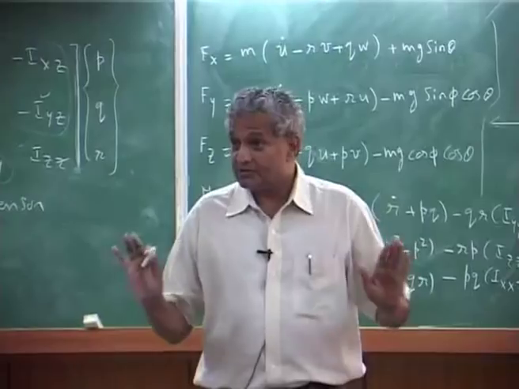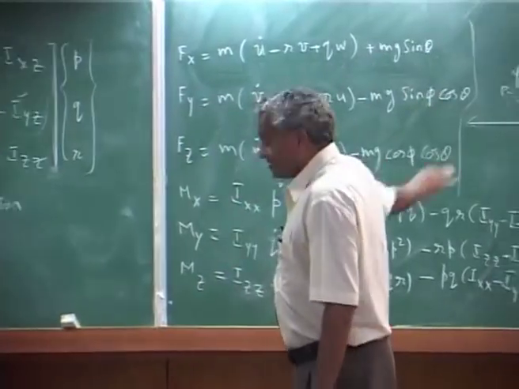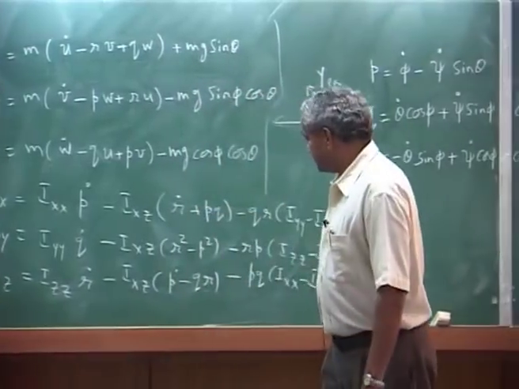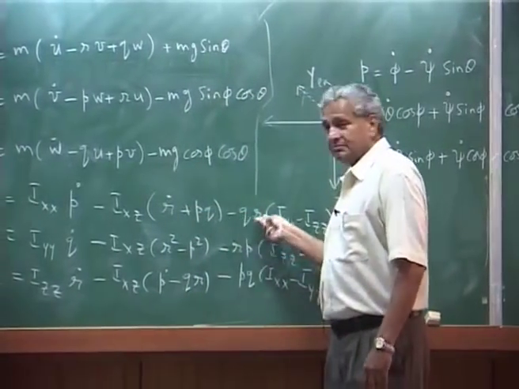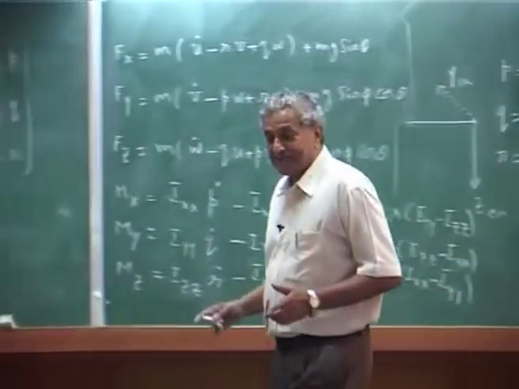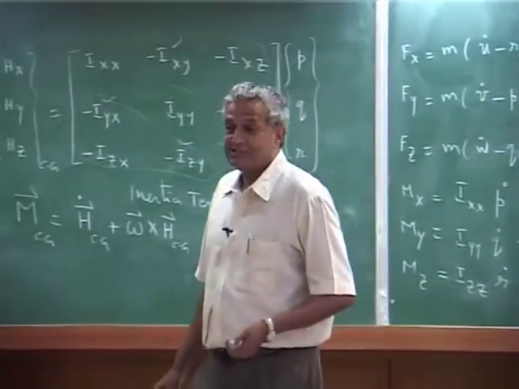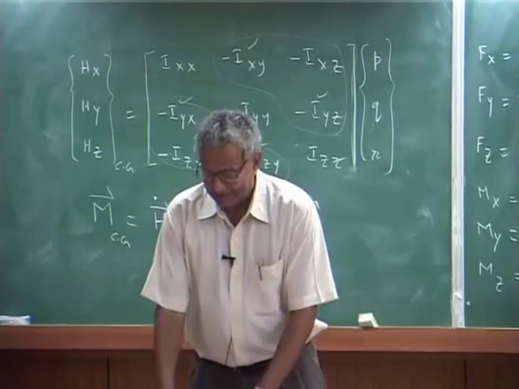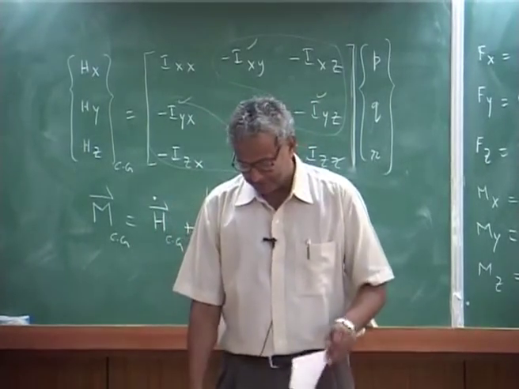Only these two are solved using these equations. Otherwise, this is a fully nonlinear equation, because you see p square, r square, pq, everything is nonlinear. So, solving it is not that straightforward. So, how do they attempt to solve this problem?